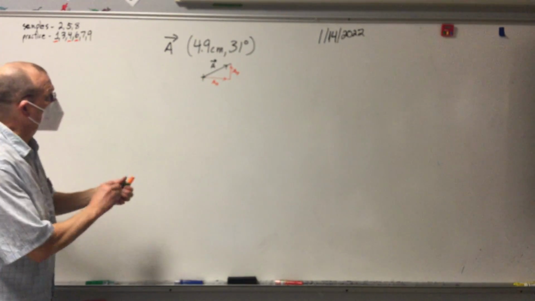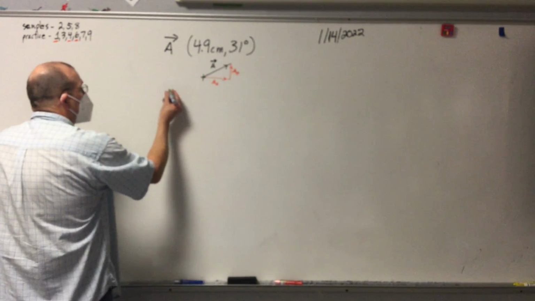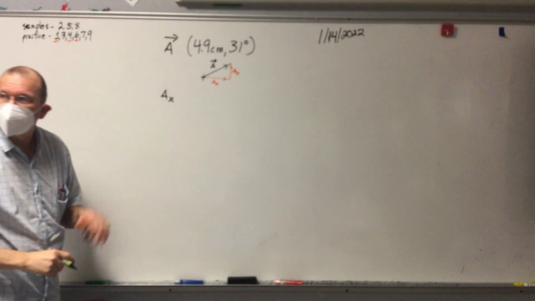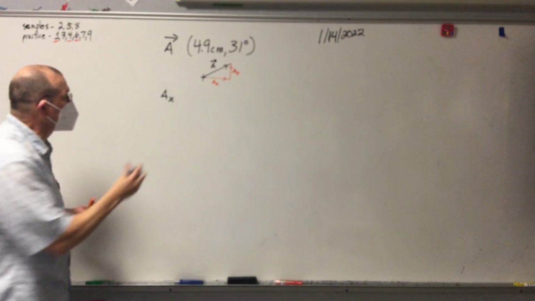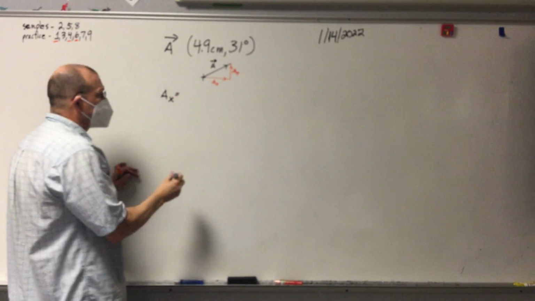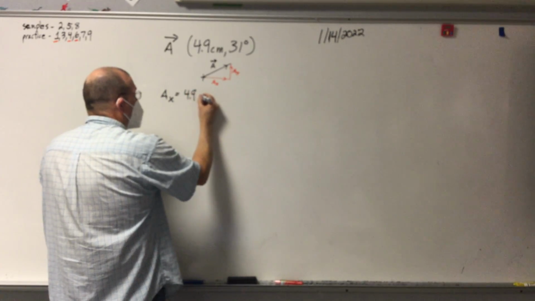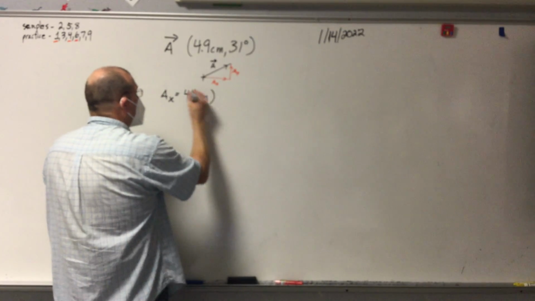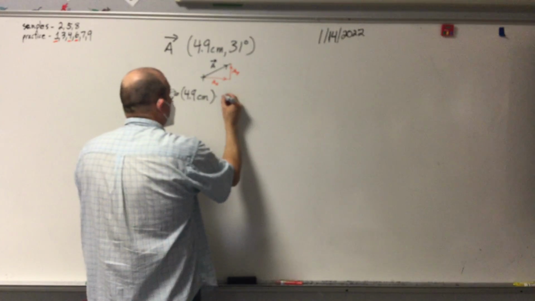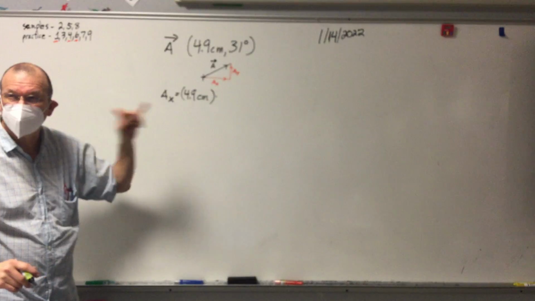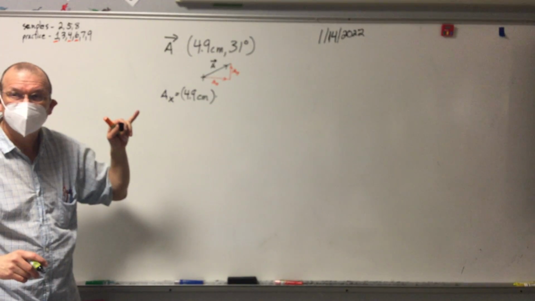Once you've made this little sketch, resolve this vector into the two components mathematically. For the x component, this would be the magnitude times, what's the trig function that goes with the horizontal component that we learned yesterday? Cosine.